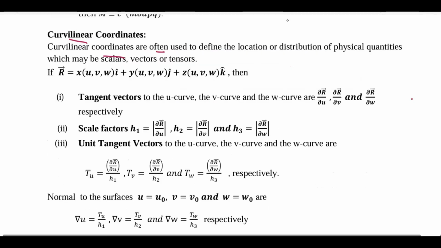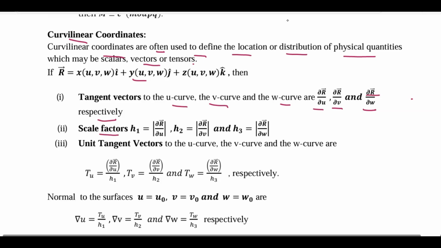Coefficients are often used to define the location or distribution of physical quantities, which may be scalars, vectors, and tensors. So the vector R equals x(u, v, w) i cap plus y(u, v, w) j cap plus z(u, v, w) k cap. Then the tangent vectors to the u curve, v curve and w curve are ∂r/∂u, ∂r/∂v, and ∂r/∂w respectively.